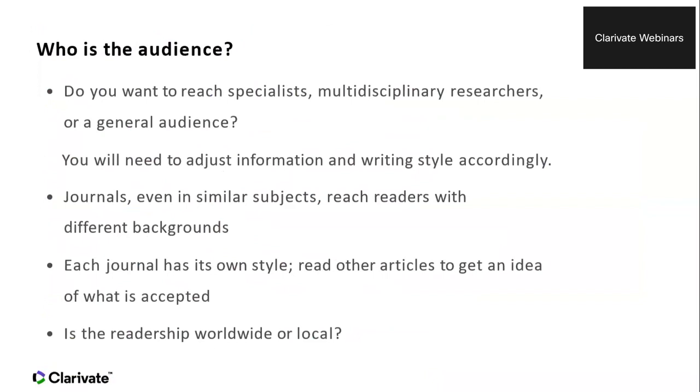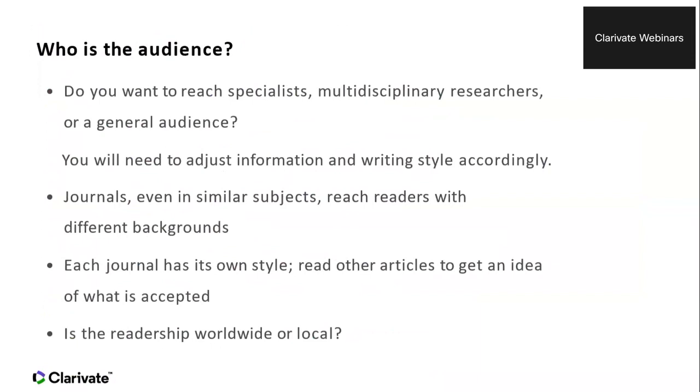I know that this particular journal writes on blockchain from a supply chain management perspective, whereas another writes from a cryptocurrency and finance perspective. Who is the audience for my work? Accordingly, I need to choose the journal.